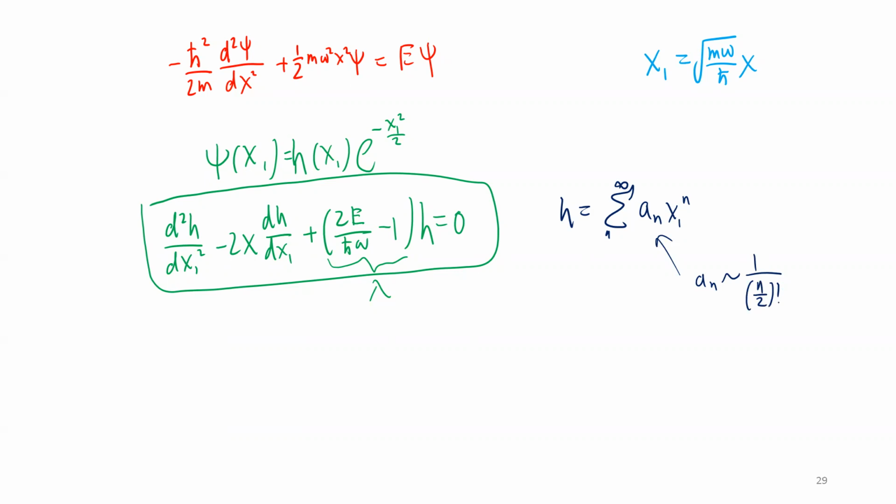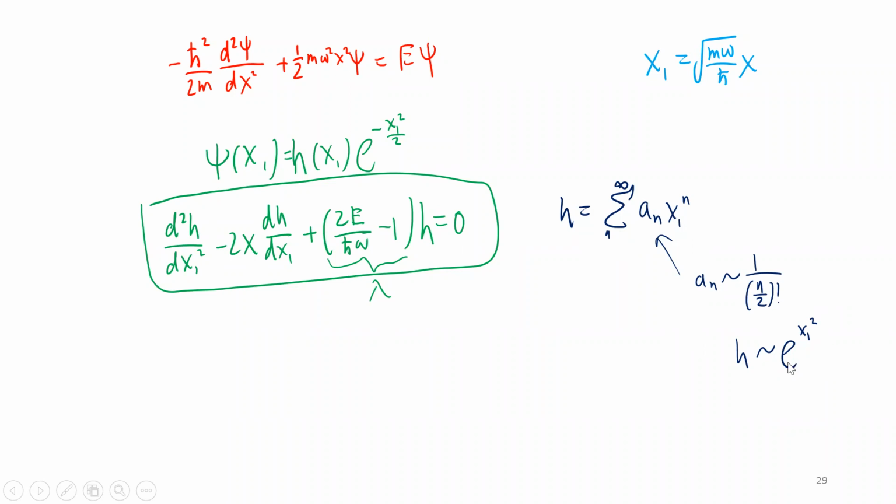Because of that, this h will go like e to the x1 squared. I'm not going to give you all the details here, but you can take my word for it: if you allow the infinite series, the behavior of this function for large x goes like this.